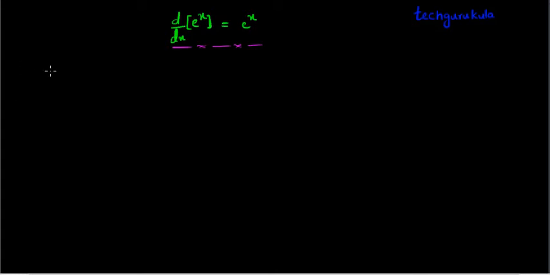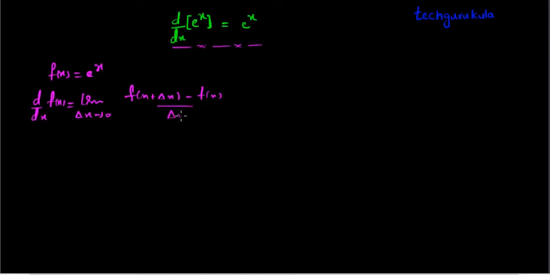Suppose f of x is equal to e power x, and we know that if we take f of x and define differentiation of f of x, we have the basic formula or definition of differentiation, which says limit del x tends to 0, f of x plus del x minus f of x divided by del x.